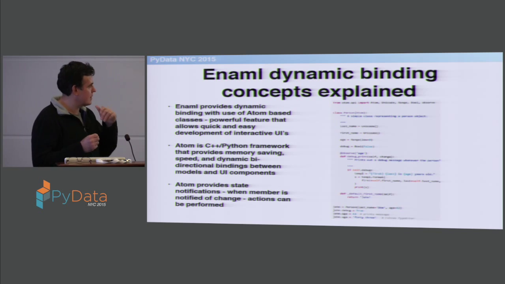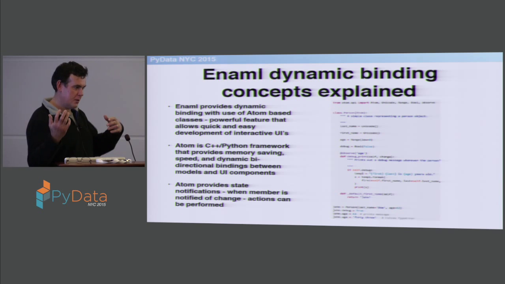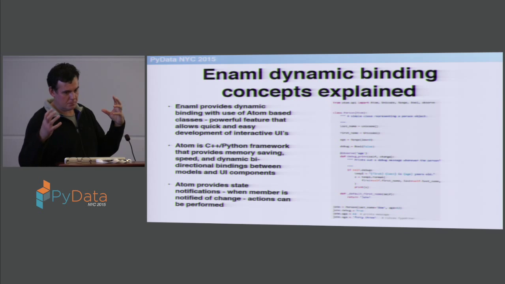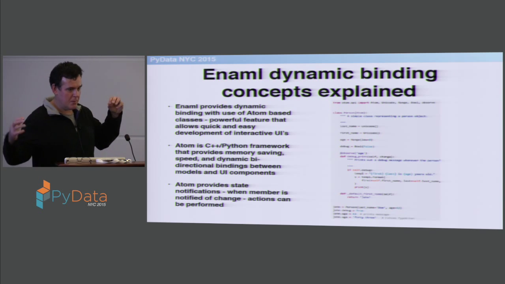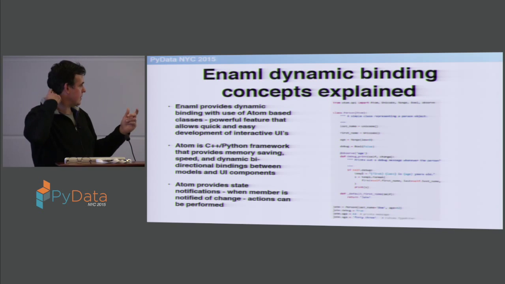But the most important thing is it gives you this bidirectional connection between your model and your UI. So you can have a UI that manipulates your model, your visualization, and on the other hand, you can change your model, or maybe some thread changes your model, and that changes the visualization, right? So there's back and forth, and Enaml and Atom make this powerful.